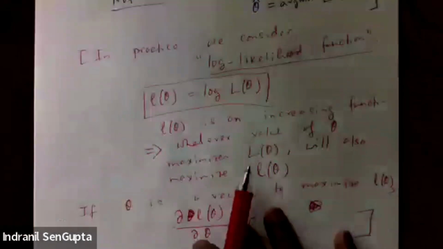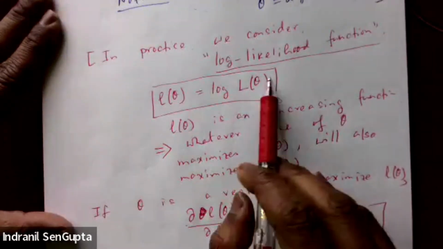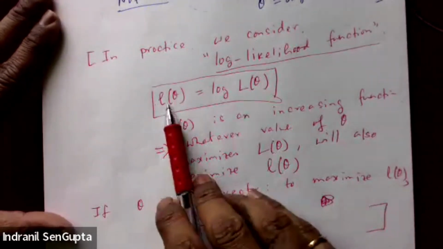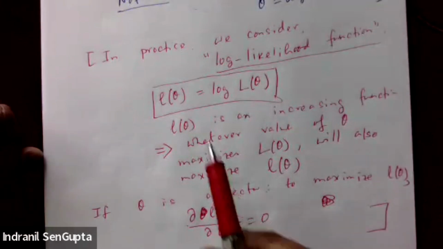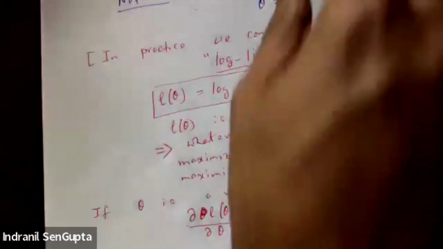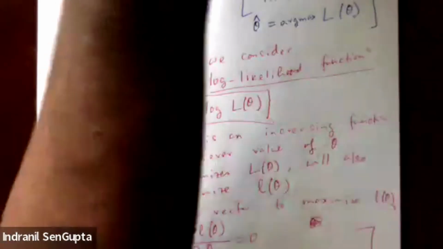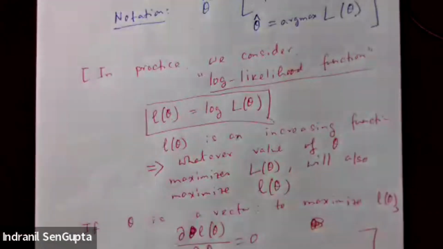In step 2, we try to maximize that likelihood function by taking the logarithm and maximizing it. Whatever value of theta maximizes it is the number we are looking for. So let's see some concrete examples so that we can feel better about this.